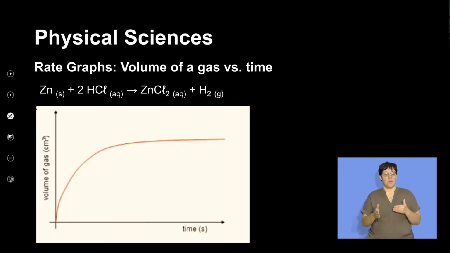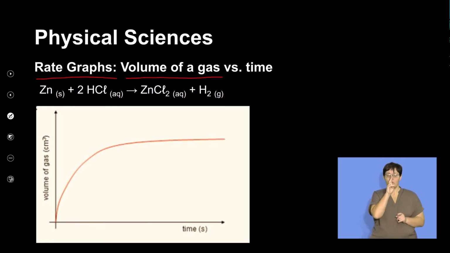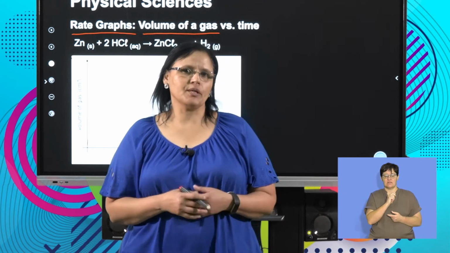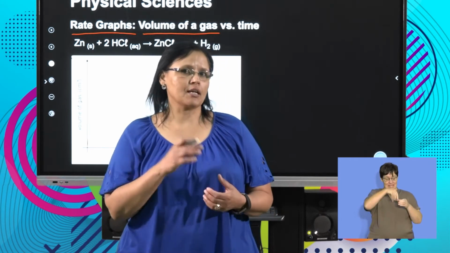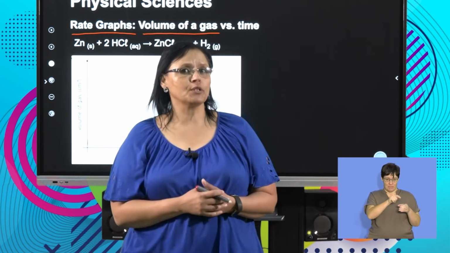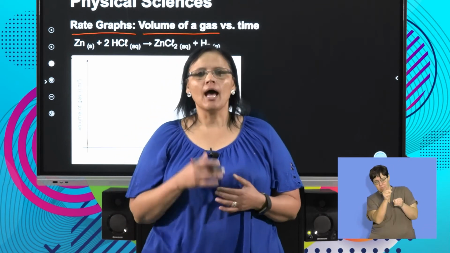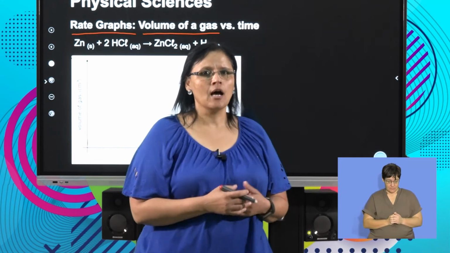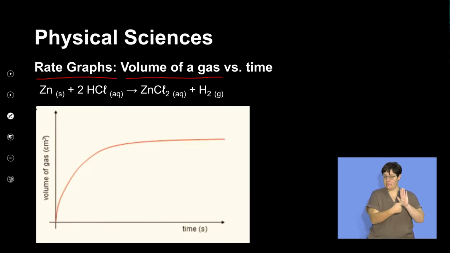Another type of graph that we're going to look at using experimental data, we will look at the volume of the gas versus time. Now, if you can remember, we used the conical flask with the reactant in it. We had a rubber stopper and we caught all the gas in the gas syringe and took readings over regular time periods. A graph for that will look like this.